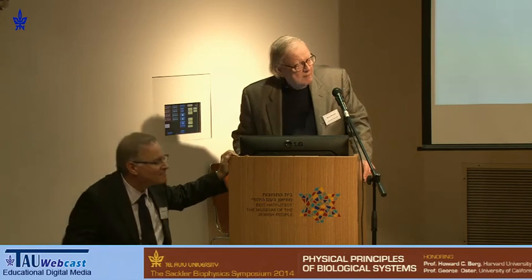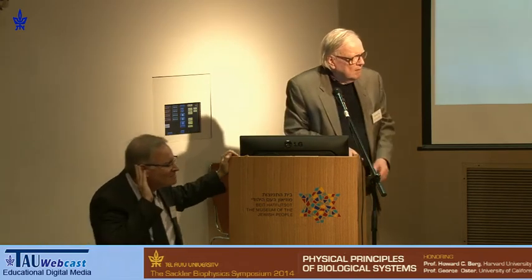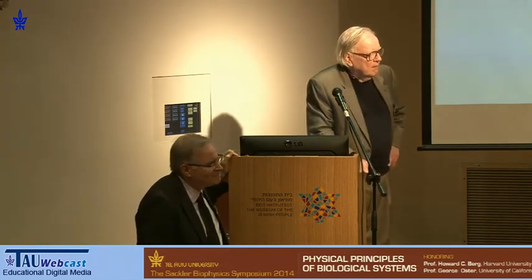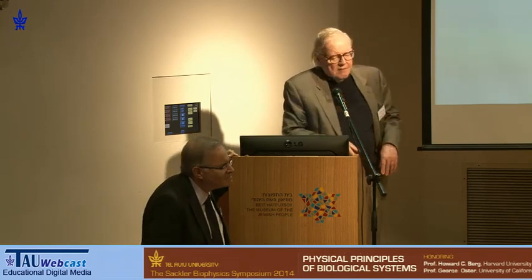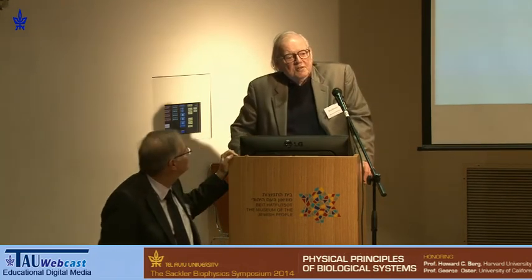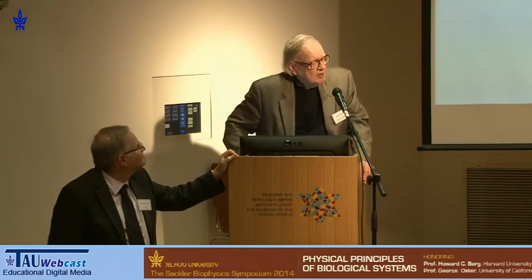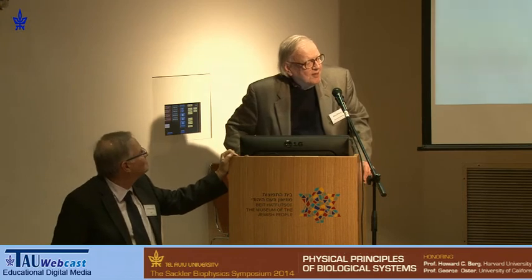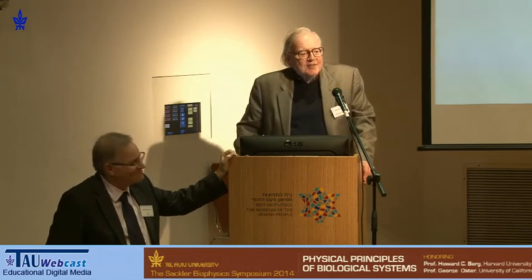There's something known about the previous history of the evolution of this very complex system. So the question is about the evolution of this system. The people that usually ask that question are creationists or intelligent designers.